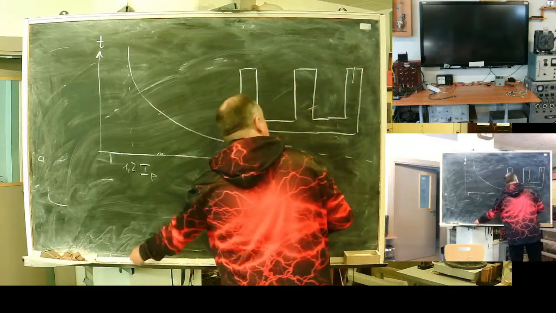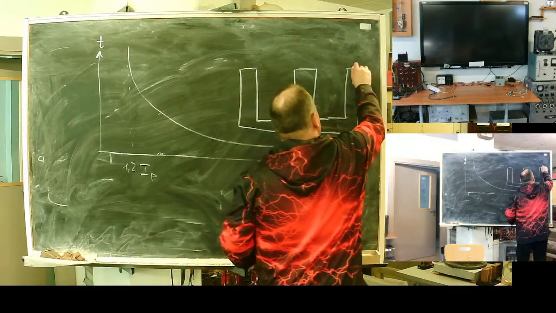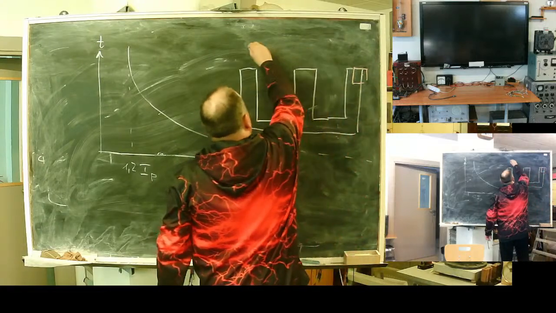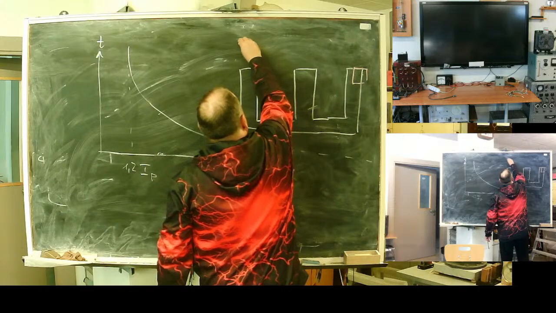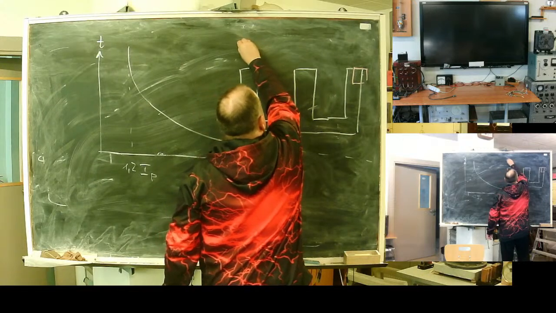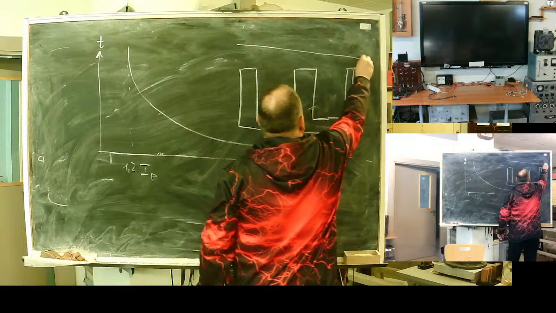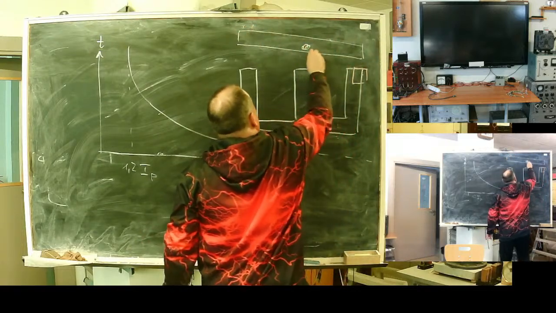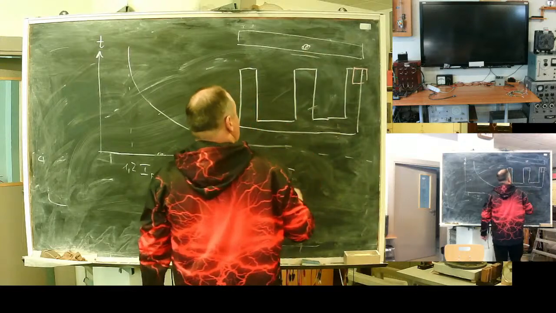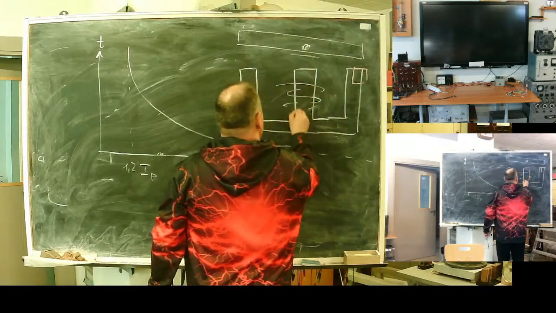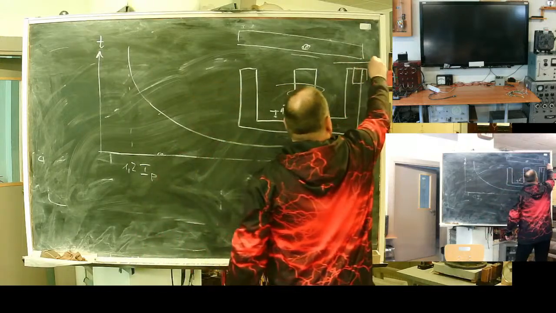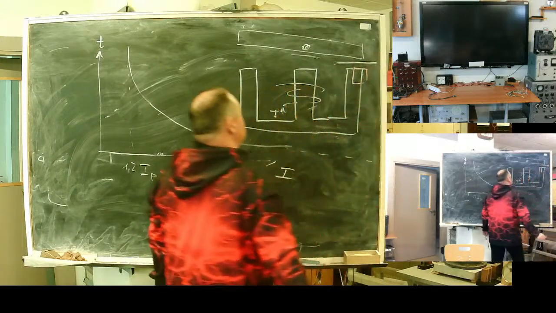One screen and a swinging arm like this. The coil is in the middle, the current flows. And here is the disk.